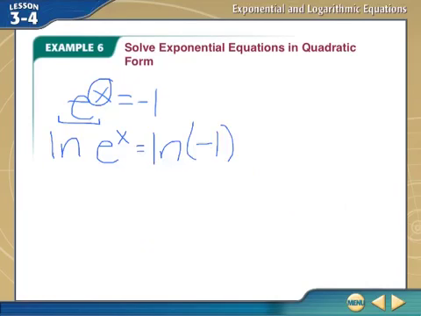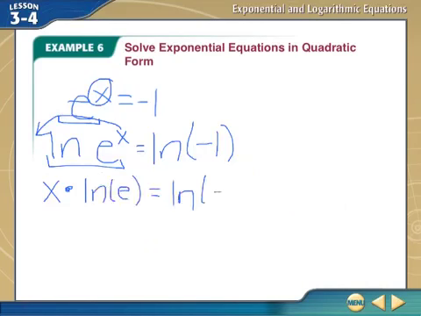Now we know that natural log of e is equal to 1, and that I can use the power property of logarithms to bring the x out in front. So I get x times natural log of e is equal to the natural log of negative 1. Natural log of e is equal to 1, so I get x equals ln of negative 1.